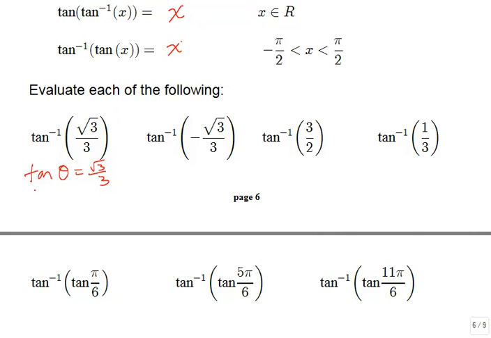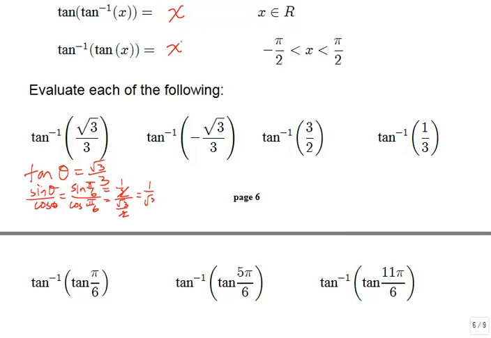So if we did sine of theta over cosine of theta, and if we looked at that pi over 6, remember that sine of pi over 6 was 1/2, and cosine of pi over 6 was root 3 over 2. The 2's cancel.